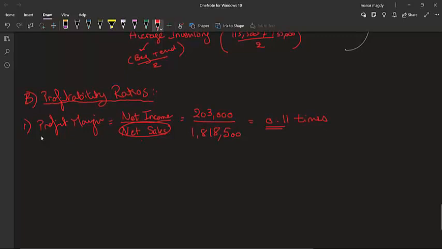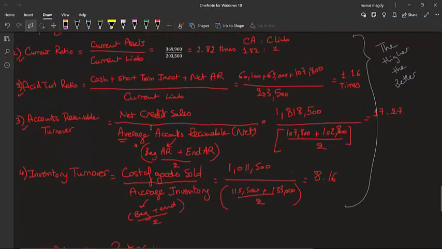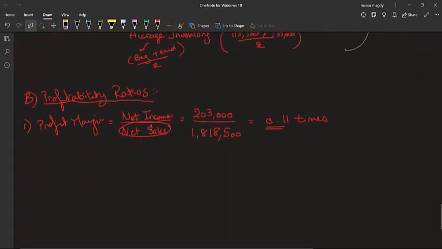General rule انه the higher the better برضو. فهنا 0.11 هو يعني لسه قليل، بس in general results يعني كويس. So the company can generate from each $1 of net sales $0.11 of net income.